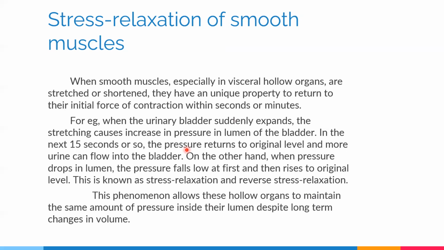This allows various hollow organs like the bladder and our stomach to stabilize their contents. This phenomenon allows the hollow organs to maintain the same amount of pressure inside the lumen despite long-term changes in volume.